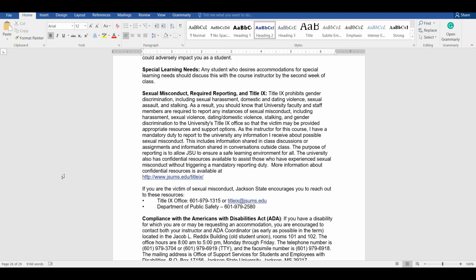Anyway, if you ever feel any sexual misconduct or any related misconduct, here is the number to call. And if it obviously gets really bad, call the police. I would think that during the pandemic it's hopefully not a big issue.